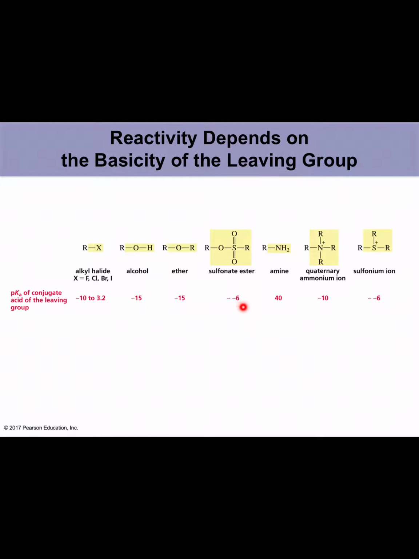Sulfonate ester negative 6. Amines 40. Quaternary ammonium ion negative 10. Sulfonium ion negative 6. So the pKa of the conjugate acid of the leaving group also determines how good it is as a leaving group. Basically the basicity.